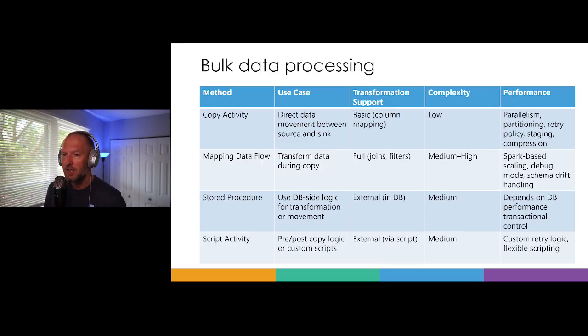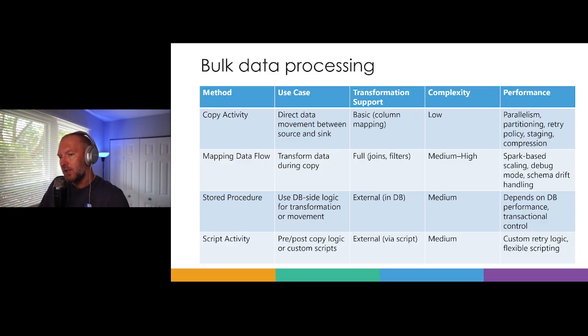We also have custom script activities that you can use, for example, pre and post copy. For example, you copy your data, and afterwards you need to execute some logic, such as updating a status, and you can execute this script activity to provide custom business logic.